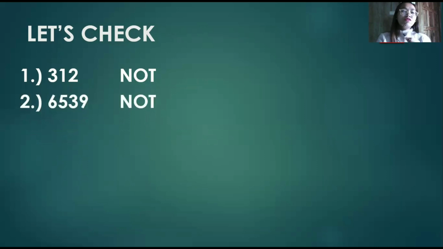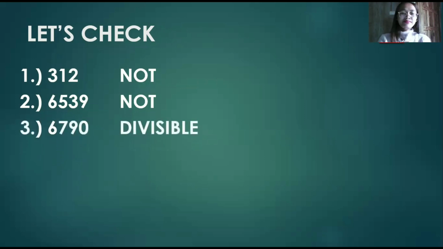Next, 6,539. It ends with the number 9, or the last number is 9, which is not 5 nor 0. So our answer should be not divisible by 5. Okay, next, number 3, 6,790. The last number is 0. Therefore, our answer is divisible by 5.